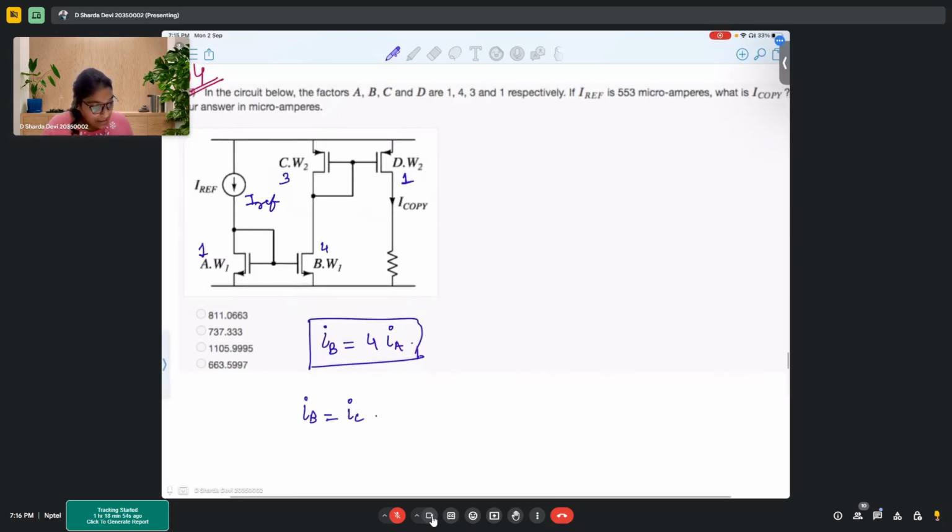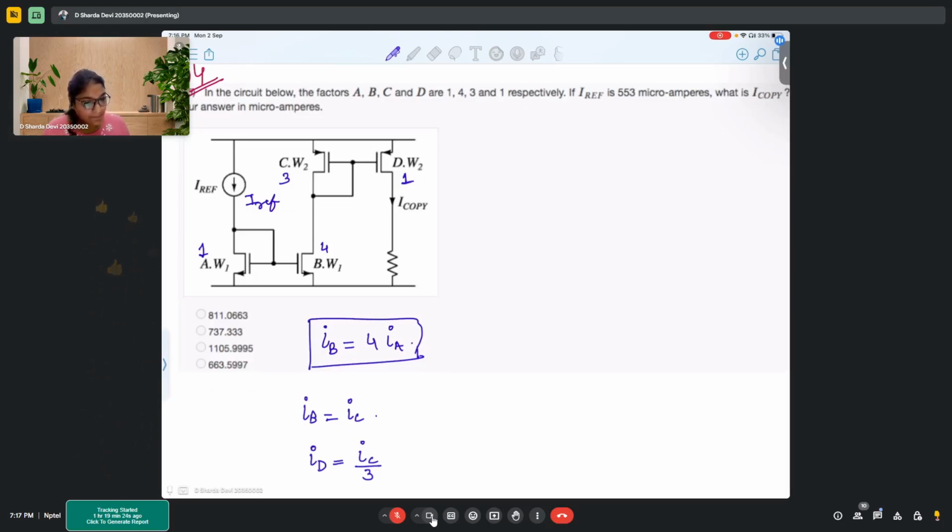Now, from the factors, if you observe very carefully, ID should be IC by 3, correct? So here ID should be IC by 3.